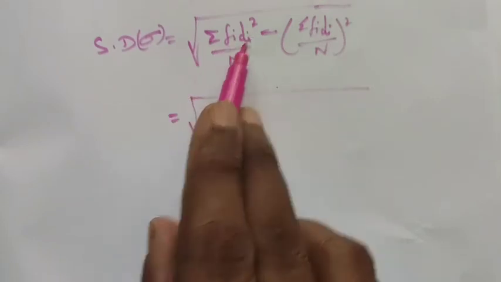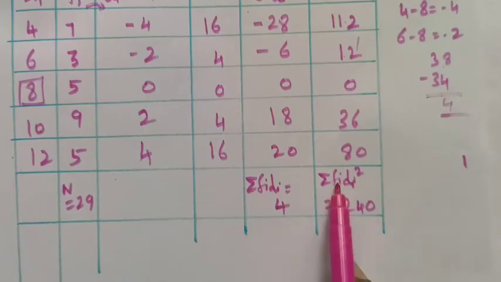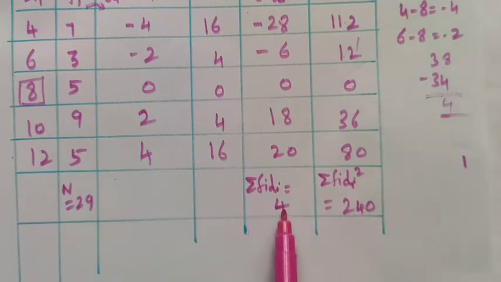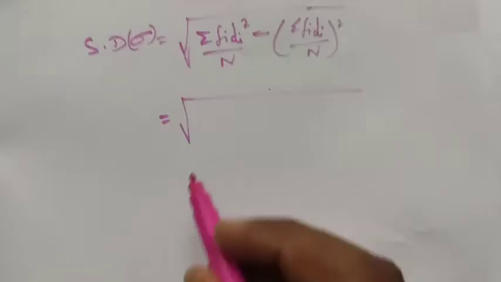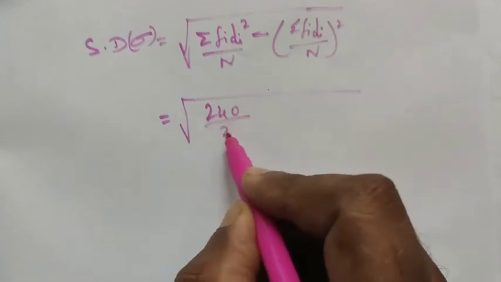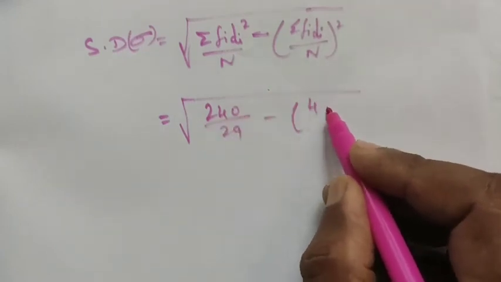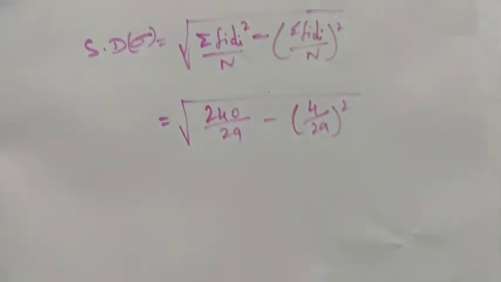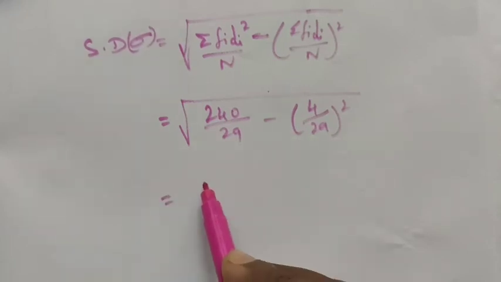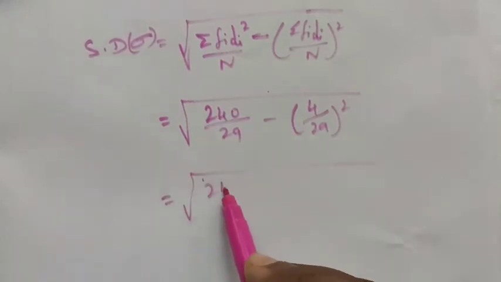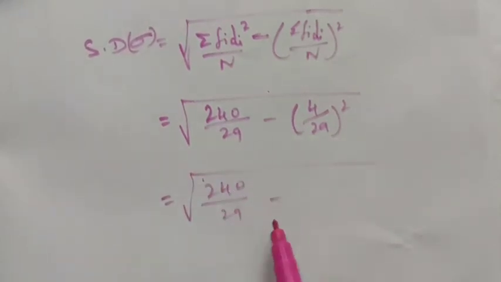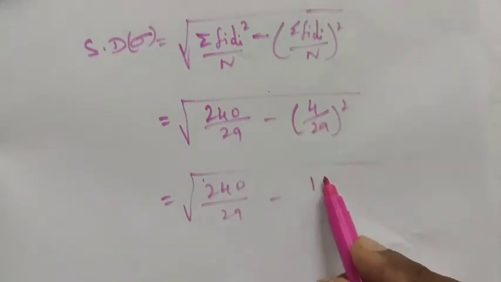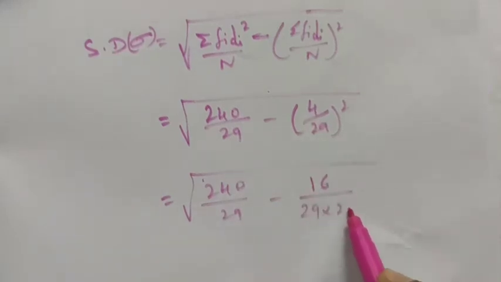Summation fi di square is 240 and summation fi di is 4. So we get root of 240 divided by 29 minus 4 divided by 29 whole square. If you square this, we get 240 divided by 29 minus 16 divided by 29 into 29.